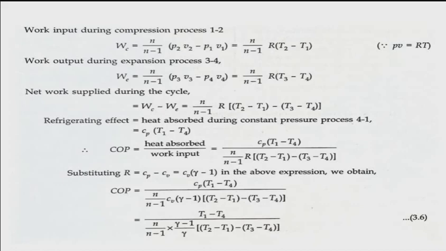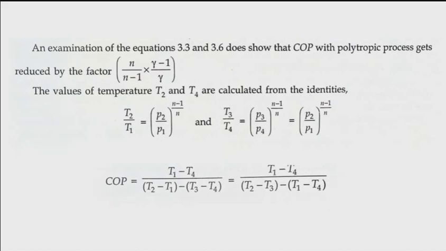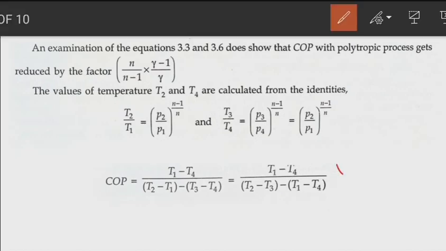Finally, after all these calculations, the COP is equal to T1 minus T4 divided by T2 minus T3 minus T1 minus T4.